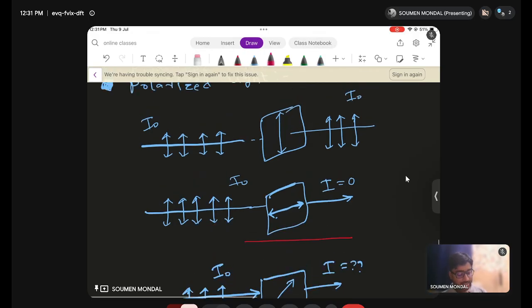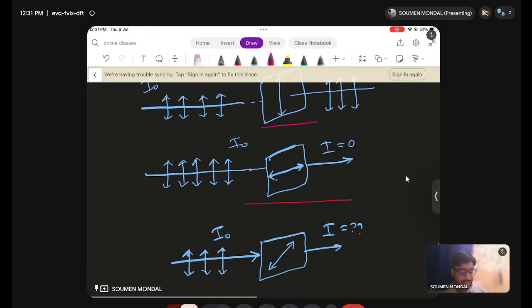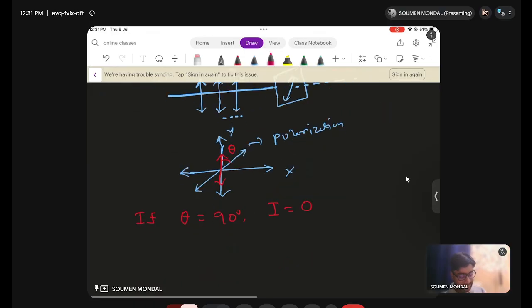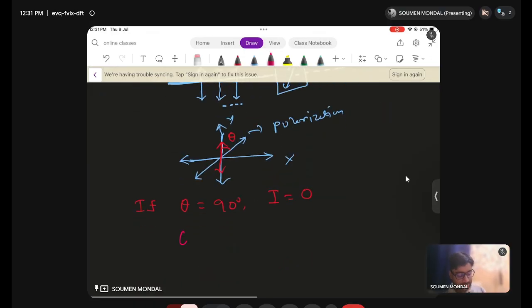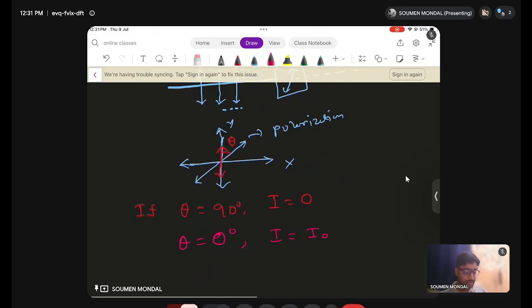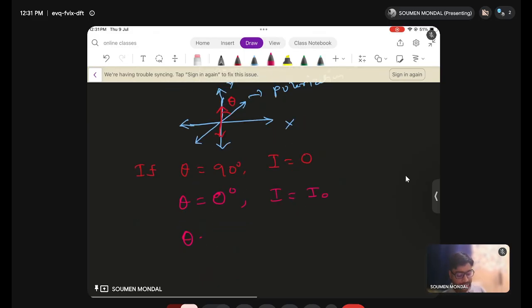We can also check the first case, when both the electric field vector and the polarization axis are parallel. That means the angle becomes 0 degrees, then I will be I naught only, since cos 0 gives us 1. Now if theta is 60 degrees, I is I naught cos square 60, and cos 60 is half, so 1/4.